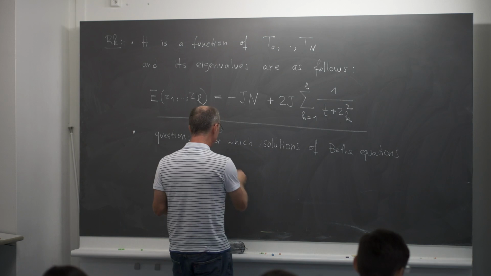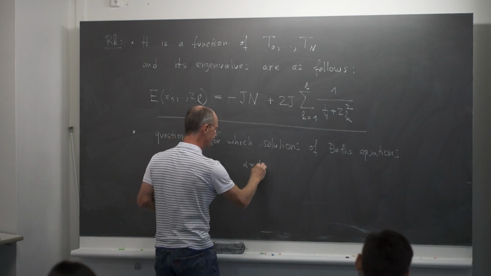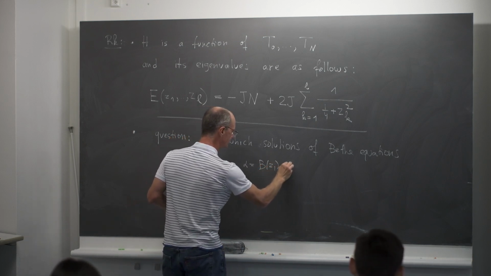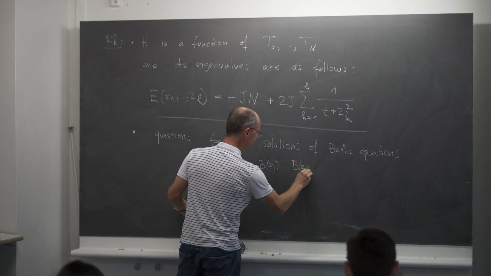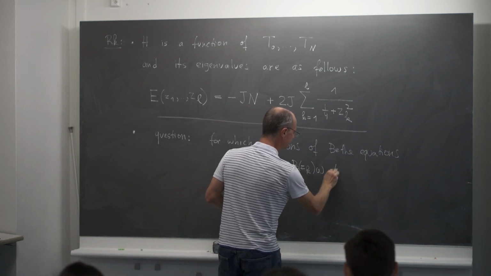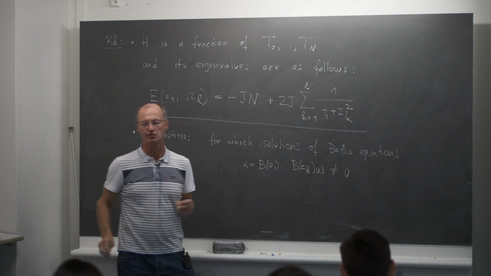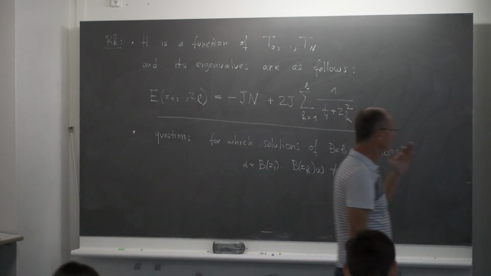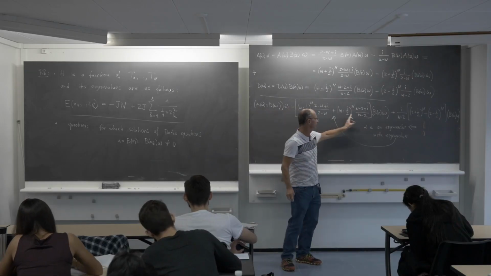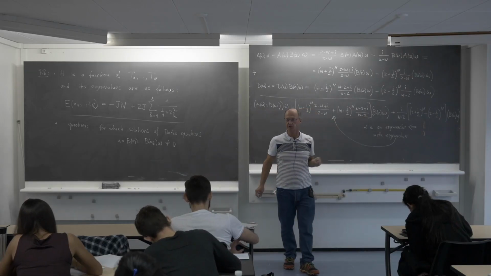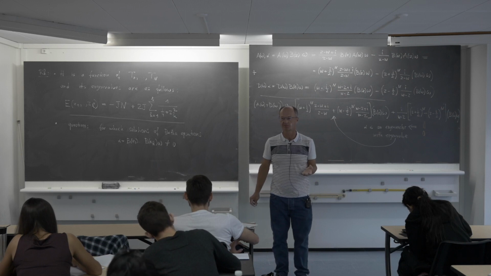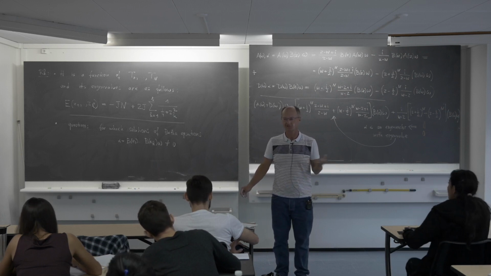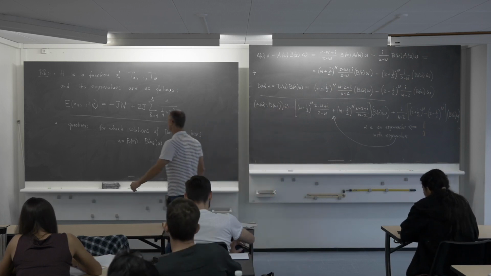For which solutions of Bethe equations are the corresponding vectors non-zero? Because, right, I mean, if you got an eigenvector with a very, very nice eigenvalue, and this vector is actually 0, then it doesn't give you much information.